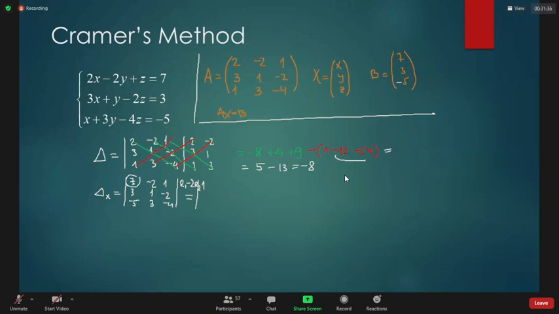So row 1 minus 2 times row 2. Yes, 7 minus 6 is 1. Minus 2 is minus 4. And 1 plus 4 is 5. And then we have 3, 1, minus 2 as it was, and minus 5, 3, minus 4 as it was.